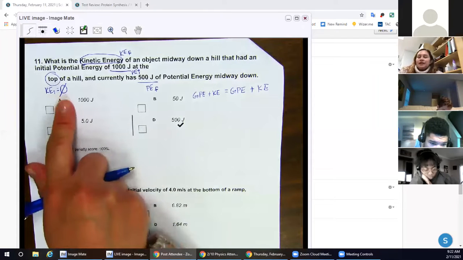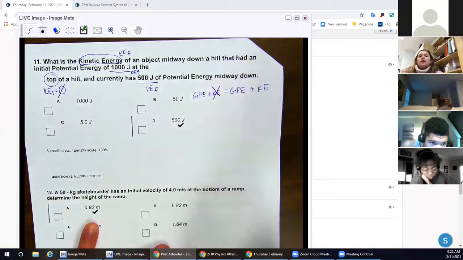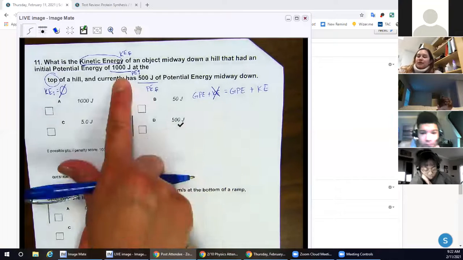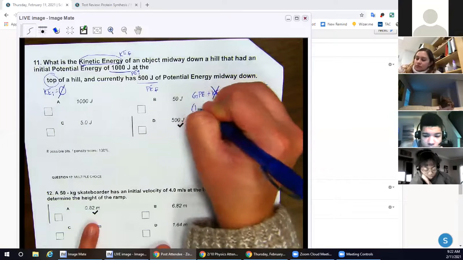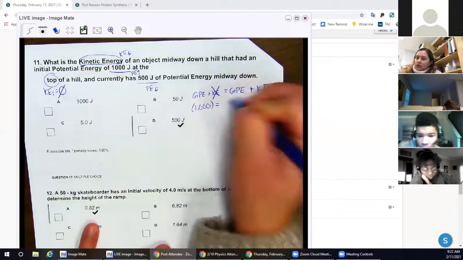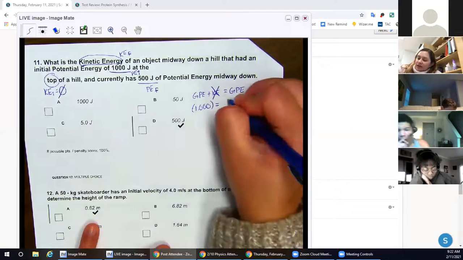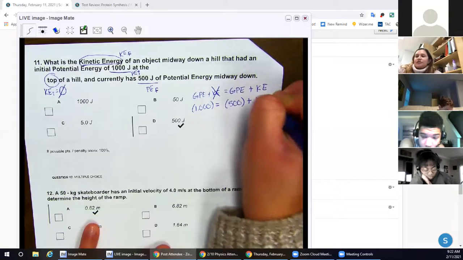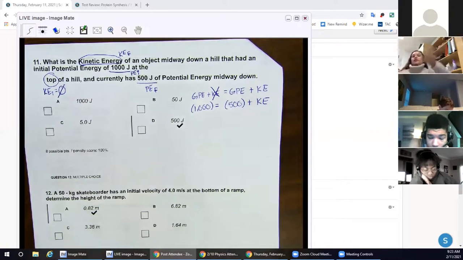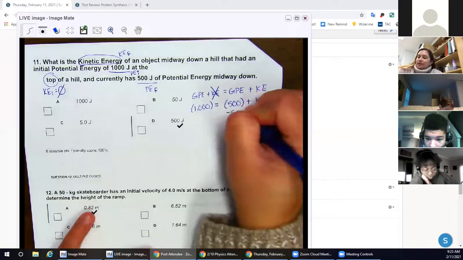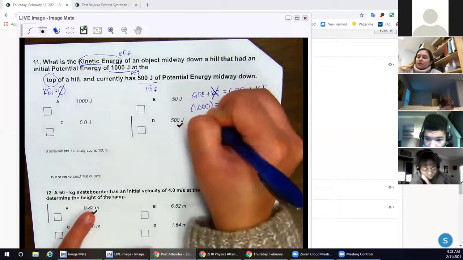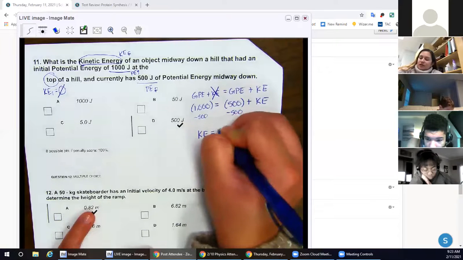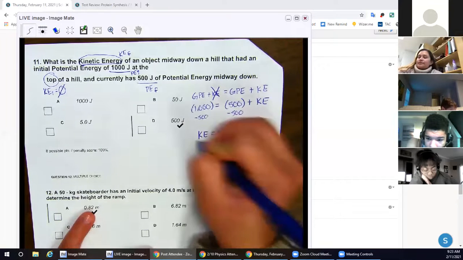We said we don't have an initial KE, so I'm going to cross that out. Then I'm just going to plug in the rest of my numbers. My initial GPE was 1,000. My final GPE is 500. And I'm looking for that final kinetic energy. So all you have to do is subtract 500 from both sides. 1,000 minus 500, your kinetic energy is just 500 joules.